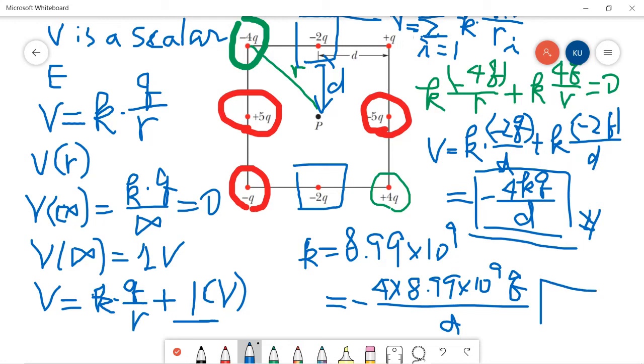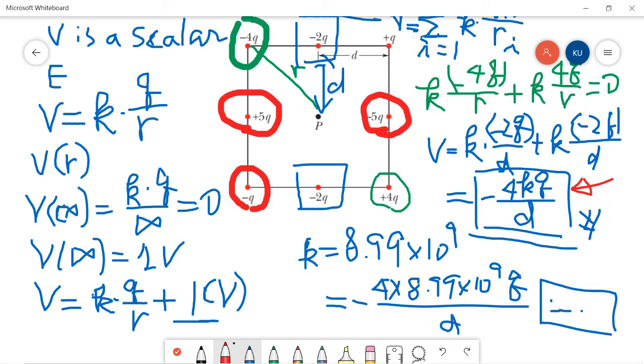Then you should write the unit. You should write the unit because in this one, K has its unit, Q has its unit, D has its unit. So you don't need to write the unit for this answer.